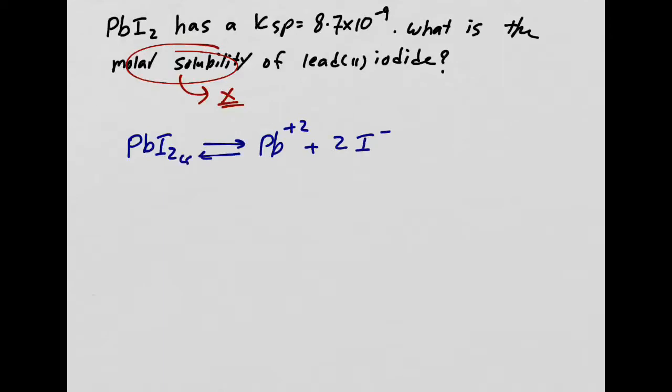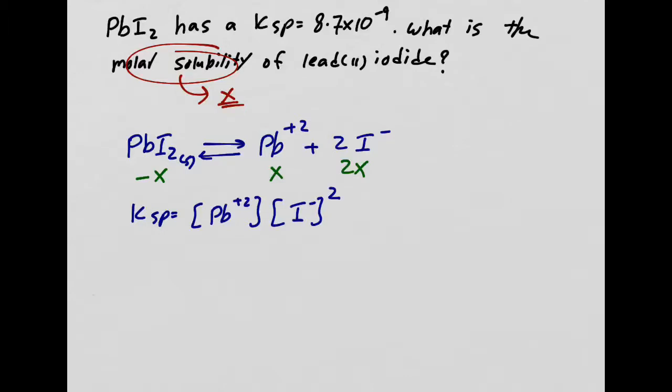And this is my solid, so it's not going to be included. But when this goes away, I have this and this appears. So far so good. And you go Ksp, lead iodide is not part of it, but my Ksp is Pb plus 2 times iodide to the power of 2 because the coefficients matter.